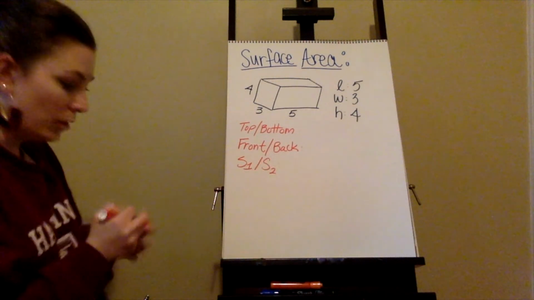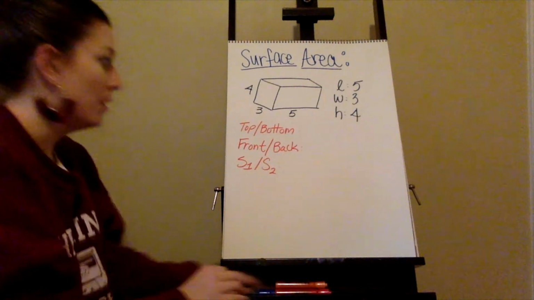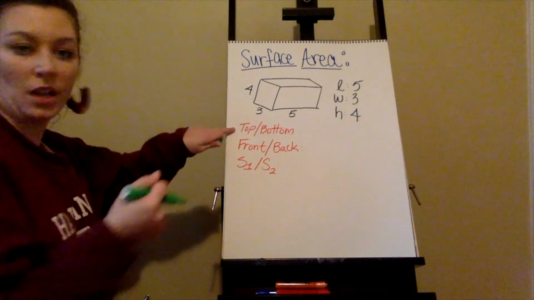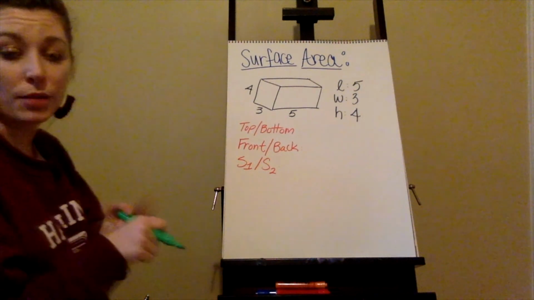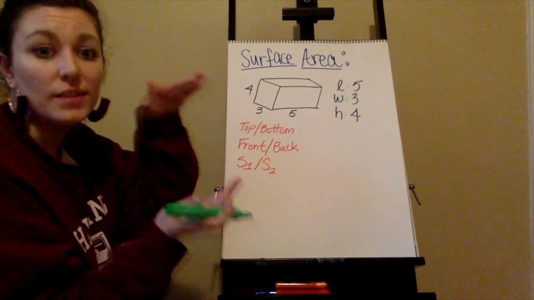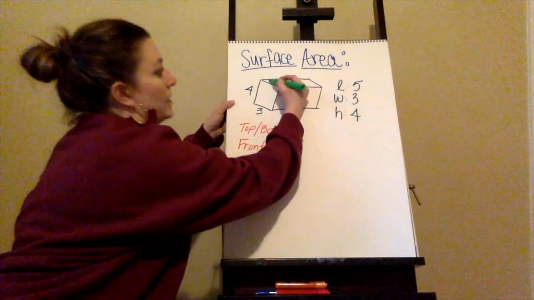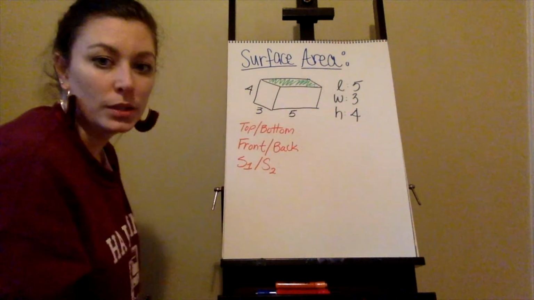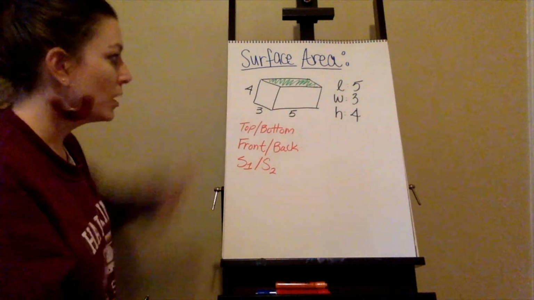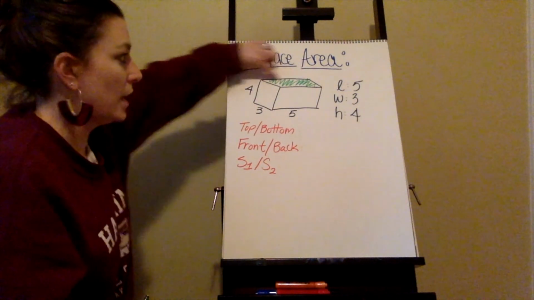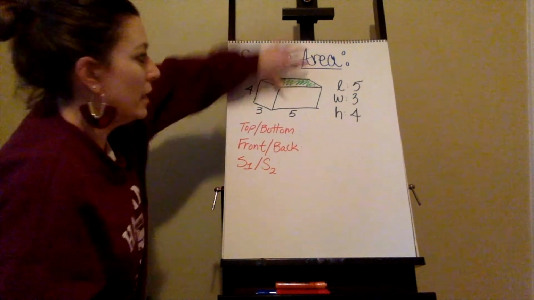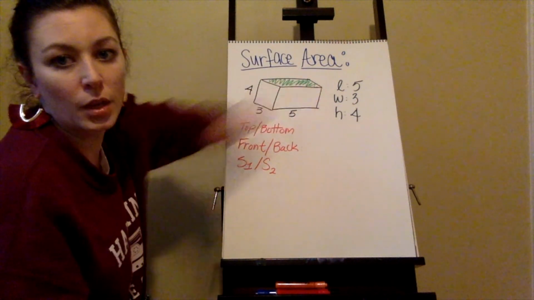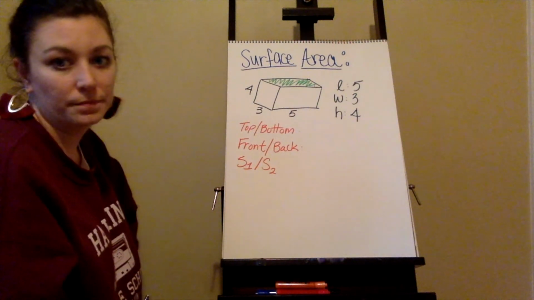Okay, so if we're looking at the top and bottom, remember top and bottom on a rectangular prism are always going to be the same. So this is my top here. What 2 dimensions am I using here? So I've got this side length here, and then I've got this one here. Which 2 are those?